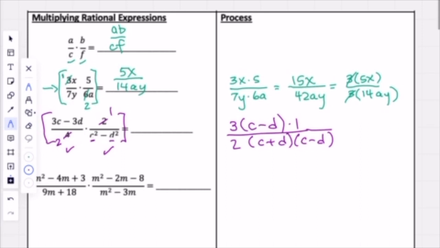I see that in the numerator and the denominator, I have c minus d, so I can divide them out because that's equivalent to 1. And then I'm just going to express what's remaining as my final answer. So I end up with 3 divided by 2 times c plus d. And we can just leave it just like that.